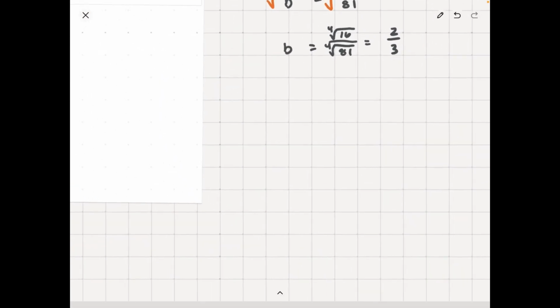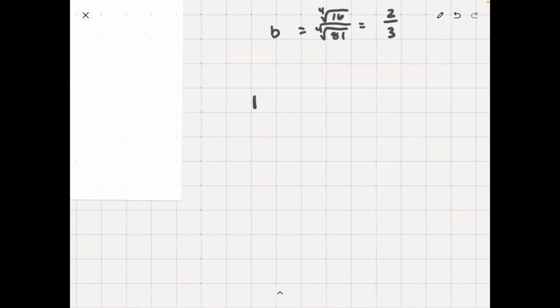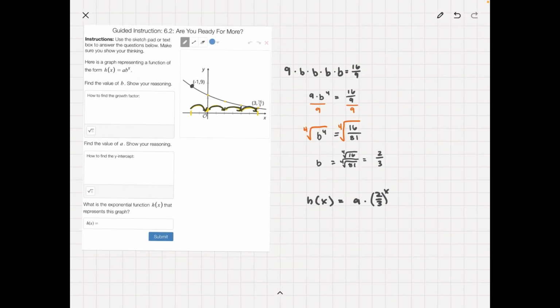Well, just like in the last problem, we can just solve for h of x for a point. Okay, so h of x is equal to a times 2/3 to the x power. That's our function. We don't know a right now, so I can use either -1, 9 or 3 comma 16 over 9. Either is fine.